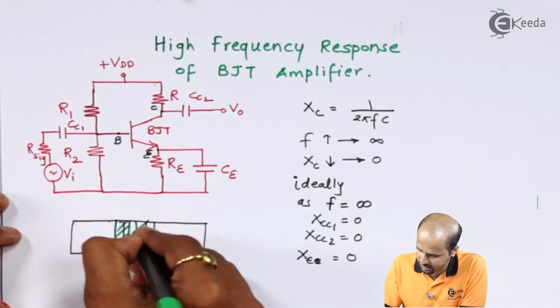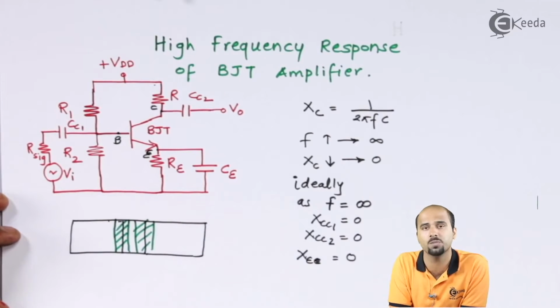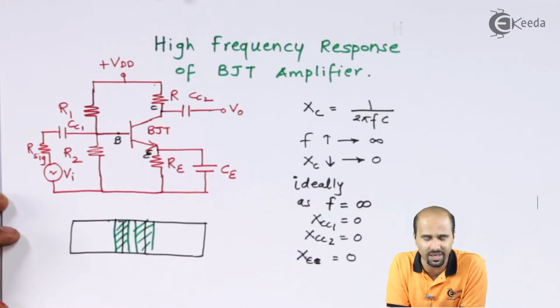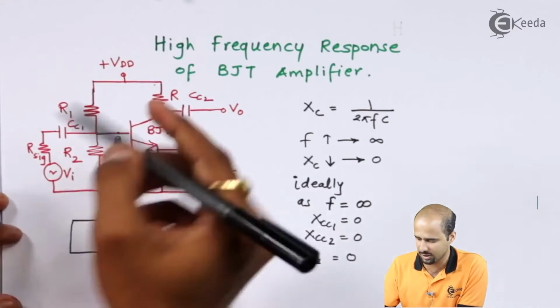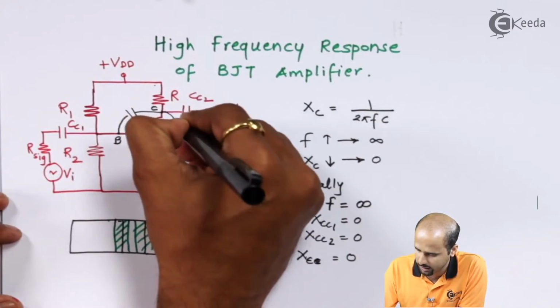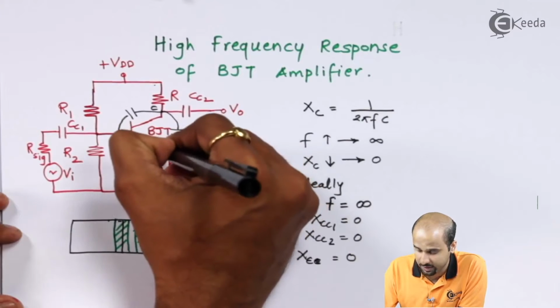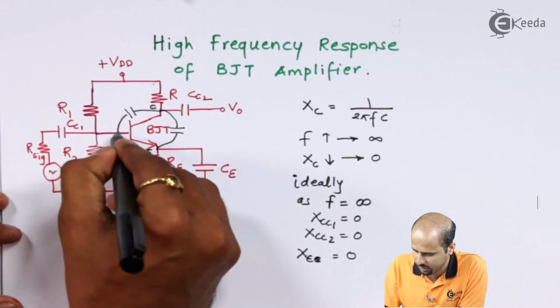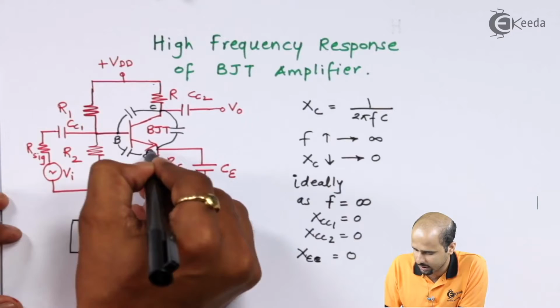These junctions form capacitances. So we get three kinds of capacitances: one between base and collector, one between collector and emitter, and one between base and emitter as well.